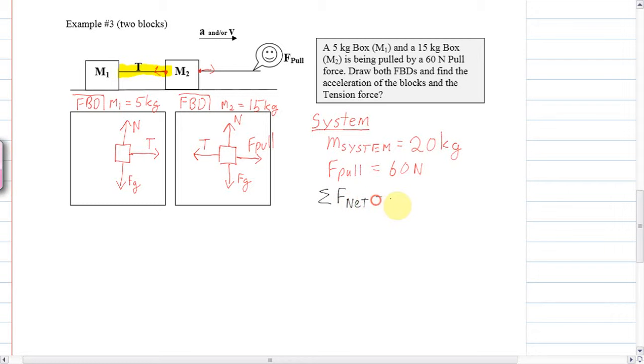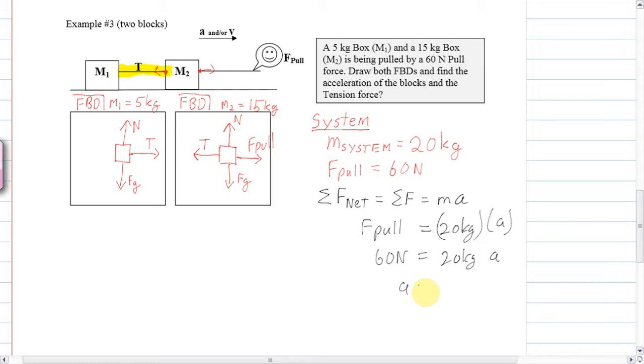F net equals the sum of the forces, which equals ma. And the sum of the forces is just the pull force. There's no other forces. And it's the mass of the system, 20 kilograms, times the acceleration. This is 60 newtons equals 20 kilograms times a.